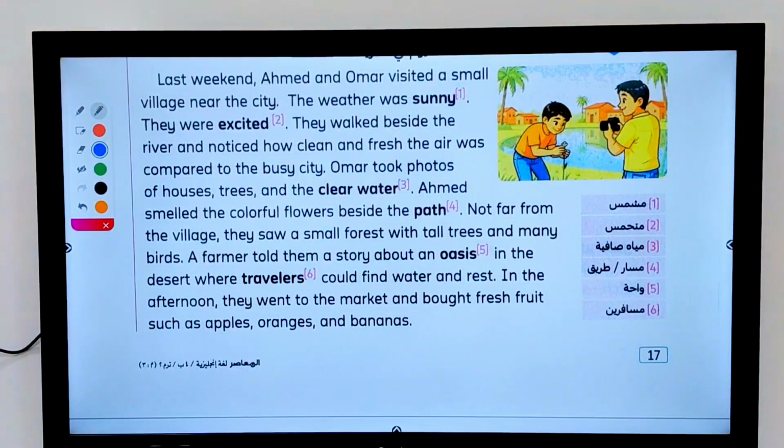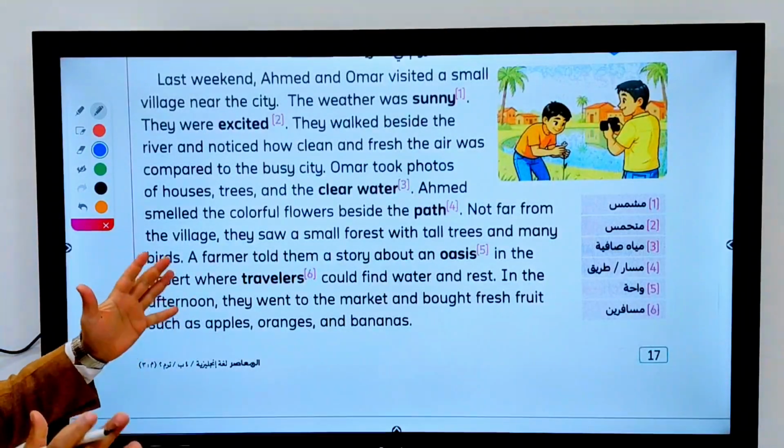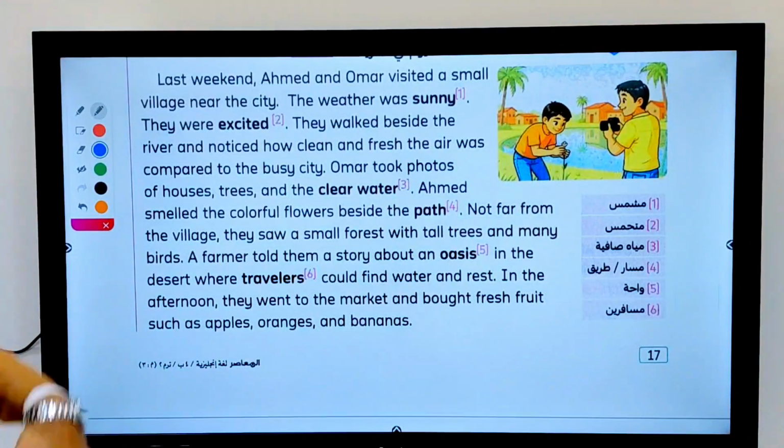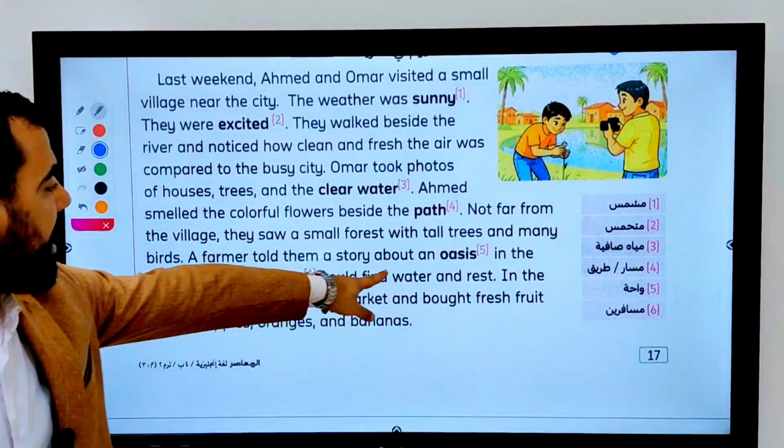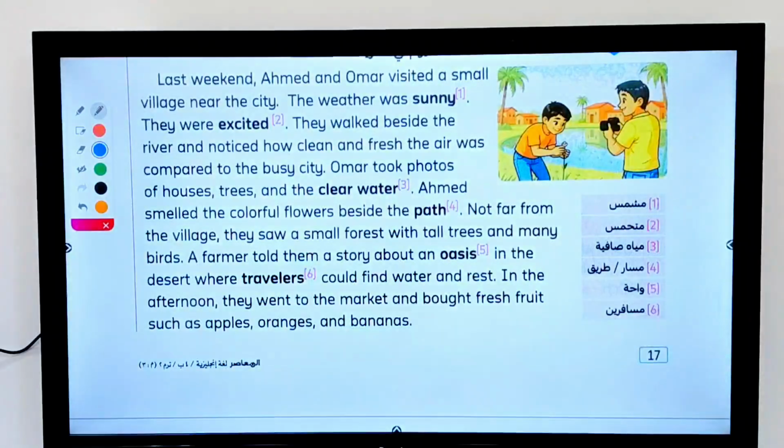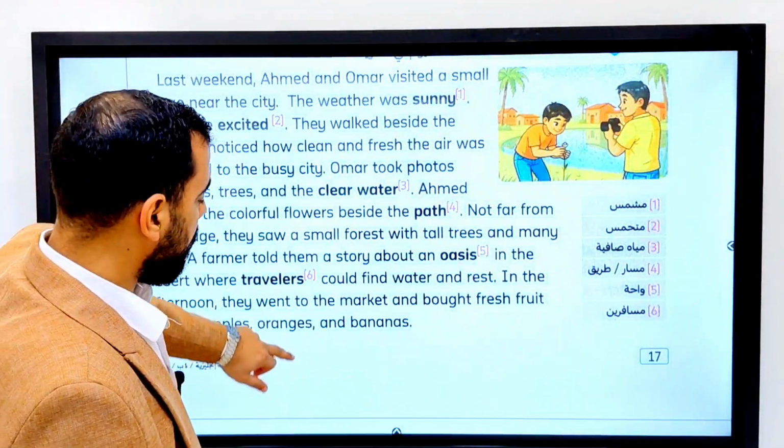Not far from the village, they saw a small forest with tall trees and many birds. A farmer told them a story about an oasis in the desert where travelers could find water and rest.